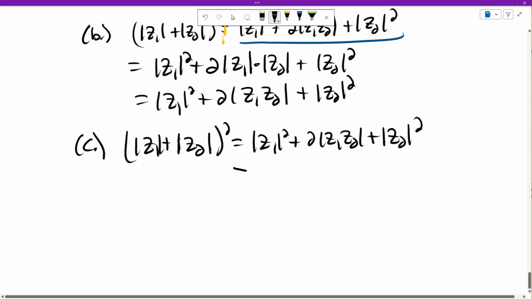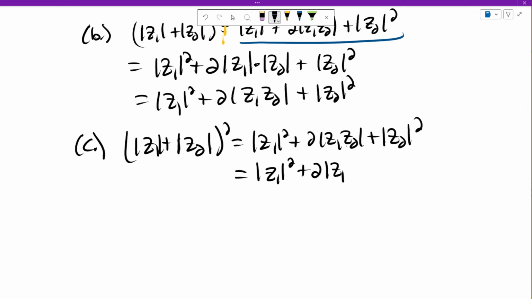So this is bigger than or equal to the modulus of z1 squared plus twice the real part of... there's one intermediate step we have to do. Let's go back for just a second. I realize I've written down B incorrectly, but that's okay.